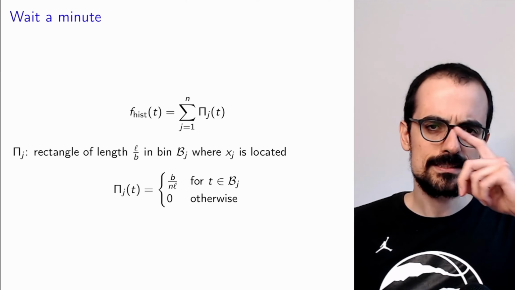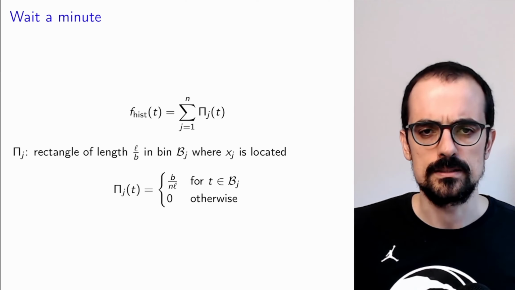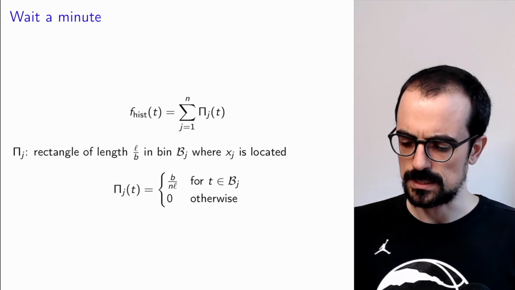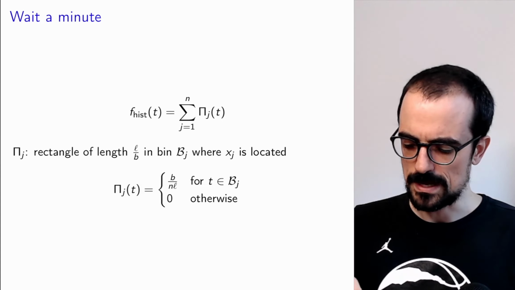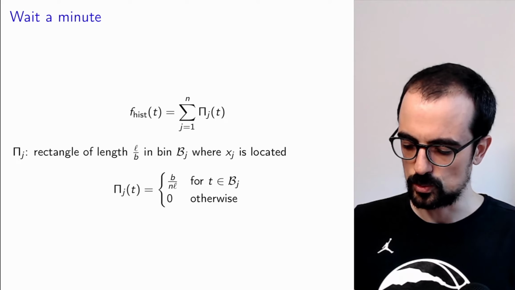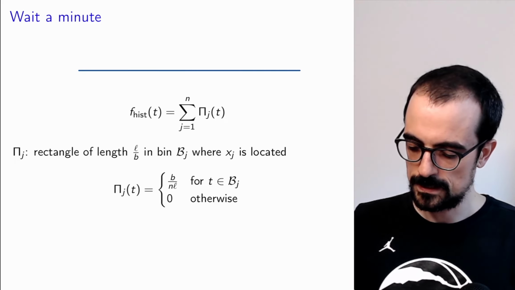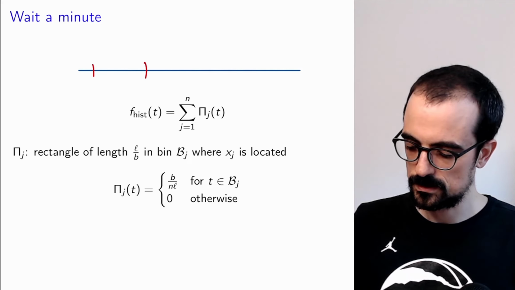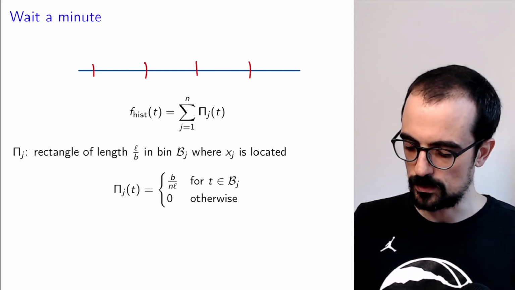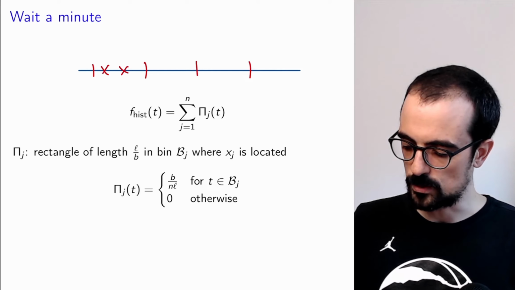Now let's think about how we defined this in terms of these rectangles that we were summing. Maybe I'll draw a picture to remind you. We were dividing the real line into bins, and saying, well, here we have 2 points, here we have 1 point.